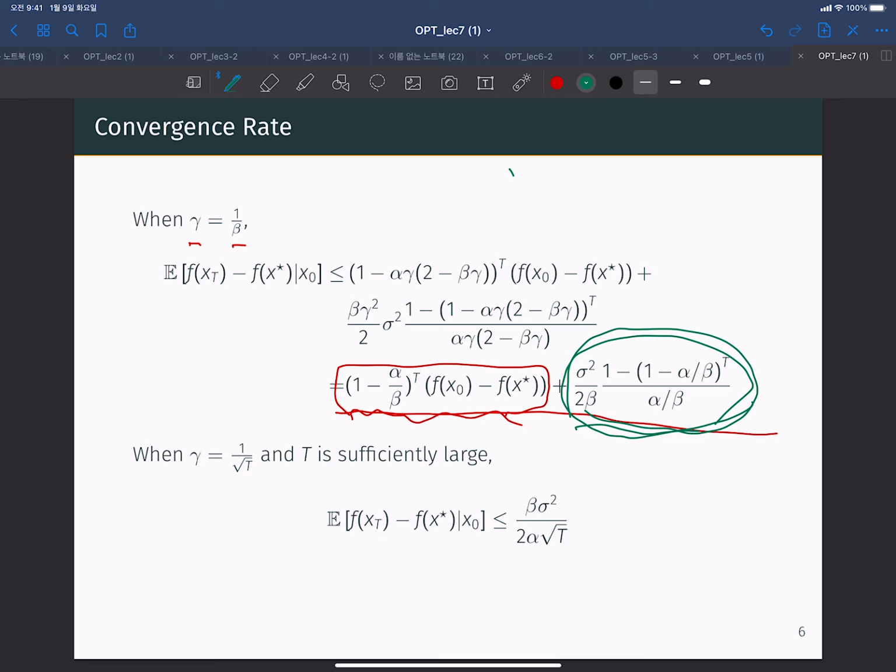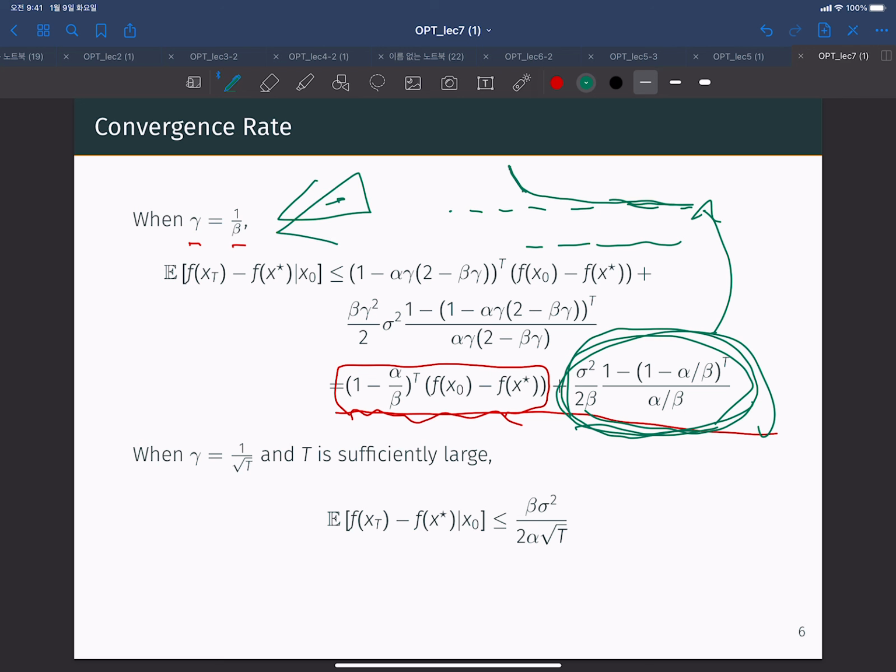Your loss function drops very fast with the speed of (1 minus alpha over beta) to the power capital T, but it does not converge to x*. It does not converge to the optimal point, but it converges to some biased point. Essentially, it oscillates near the optimal point when you look at the trajectory of your stochastic gradient descent algorithm.